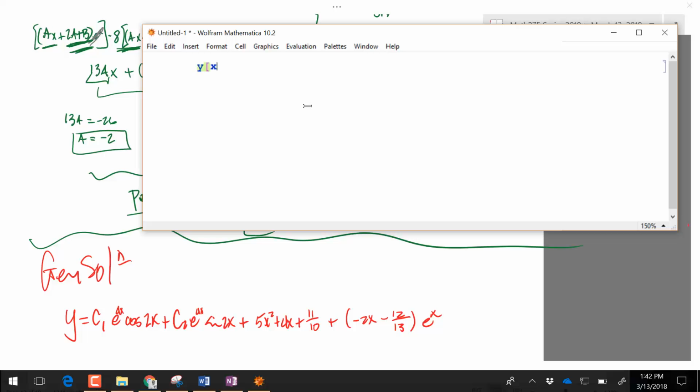So let's say our y of x is equal to some constant times e raised to the 4x times cosine 2x, plus C2, a different constant, times sine.